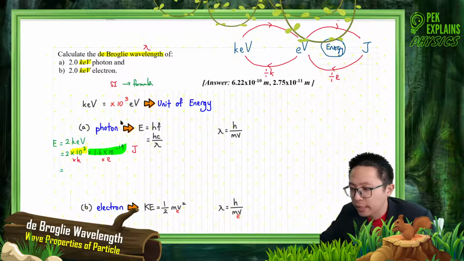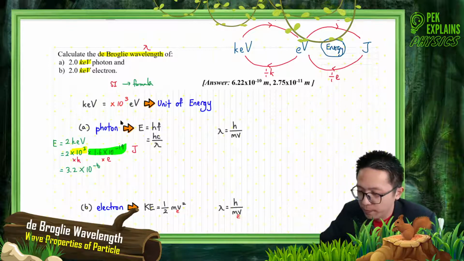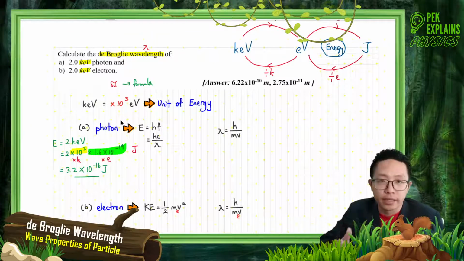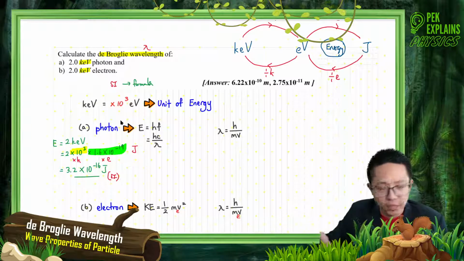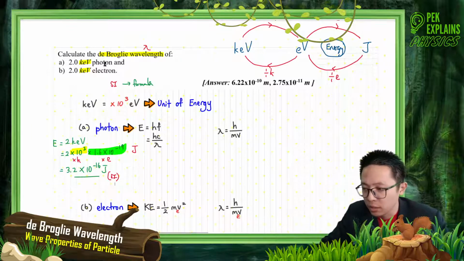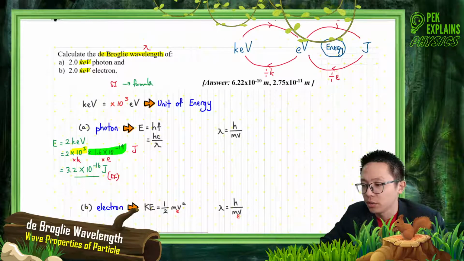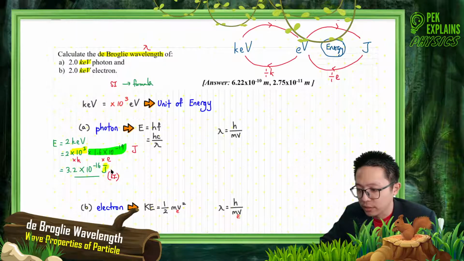So I get the energy of the photon is 3.2 exponent negative 16 joule. So I already get the energy in joule. Remember, always turn to SI unit before you substitute into any formula. We don't want kilo electron volt. We only want SI unit. Make sure you convert everything to SI unit, joule, first.